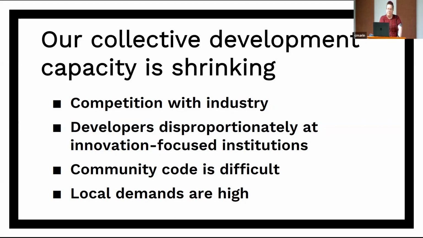And we're not only competing on wages, we're also competing on offering the support that is standard in the software industry, things like product managers, quality testers, large teams of developers. The largest development teams in our ecosystem for Samvera are at very well-resourced institutions. And those institutions have a mission to work on innovative infrastructure. That is a critical part of what we do.